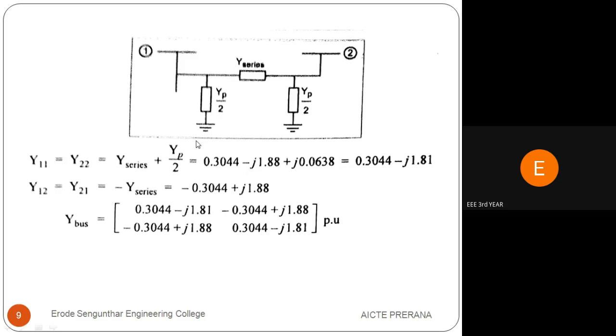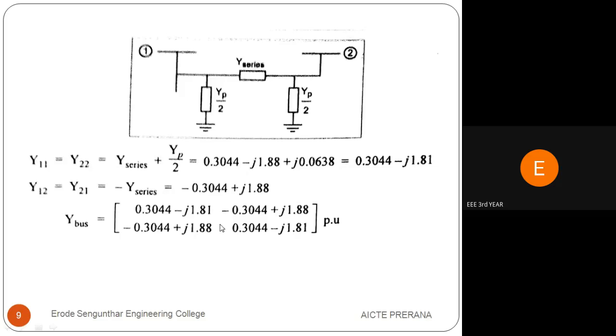We have to consider the non-diagonal value also. For the non-diagonal value Y12, the element connected between 1 and 2 is only one element, that is Y series, denoted by minus Y series. So the value is directly minus 0.3044 plus j 1.33. From these two equations we can form the Y plus matrix. We know the formation: Y11, Y12, Y21 and Y22.